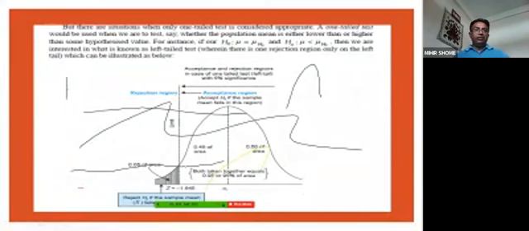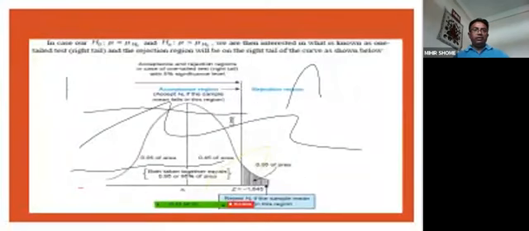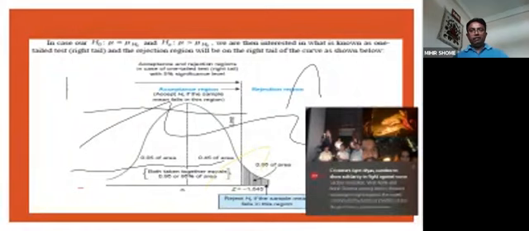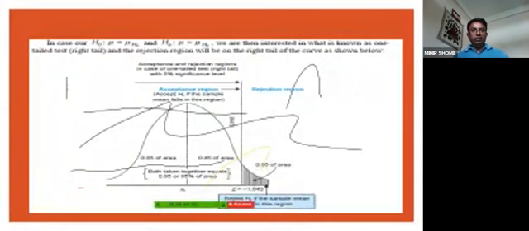Then in case our H0 equals H0 and HA is higher than H0, we are interested in what is known as a one tail test, right tail, with the rejection region on the right tail of the curve as shown below. Earlier we showed it on the left, and now it is on the right.